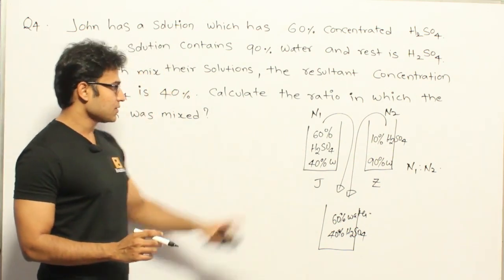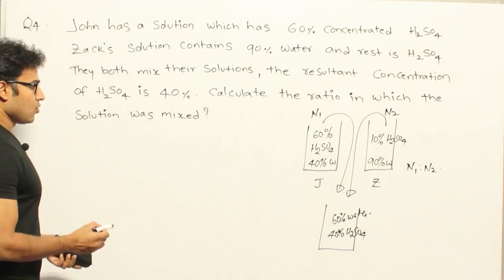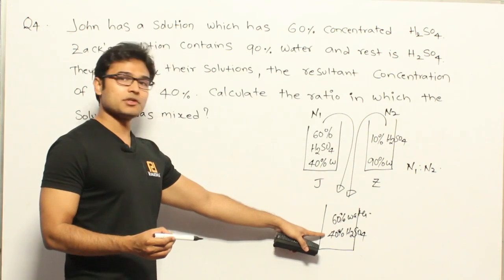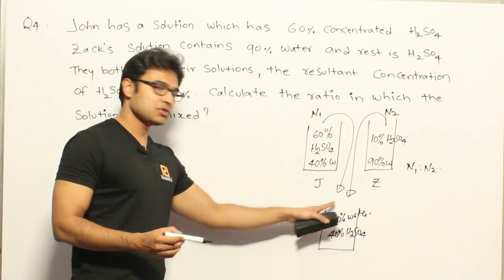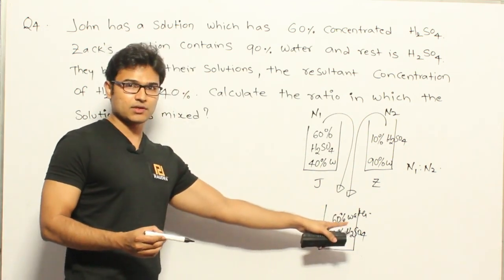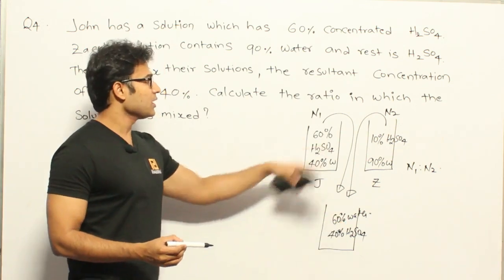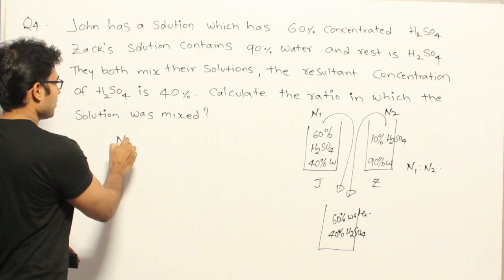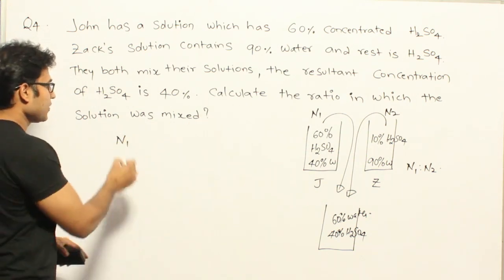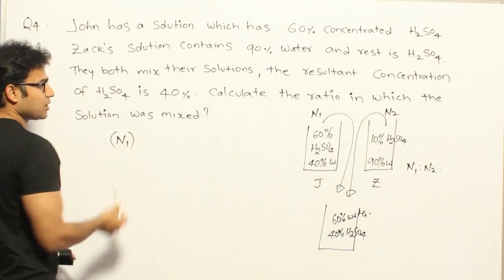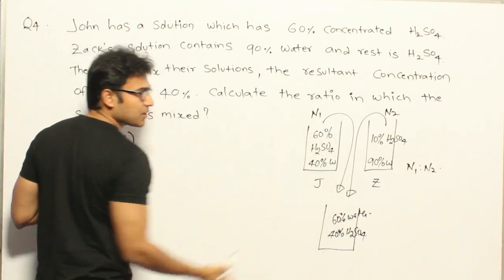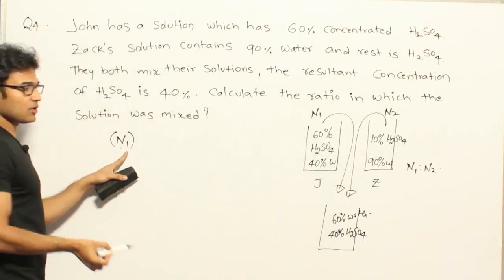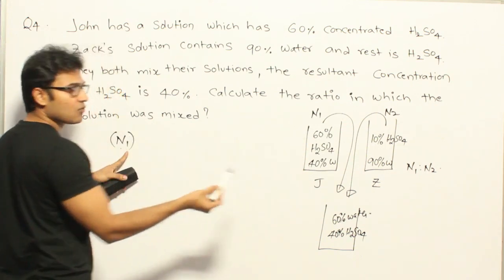So how to find it out is, see, the overall concentration, the final concentration depends on the total amount of H2SO4 present in this. We can solve that way. So if I am taking N1 liters from here, then how much H2SO4 will I get into this final solution? Only 60% of it will be H2SO4 and 40% of N1 will be water.